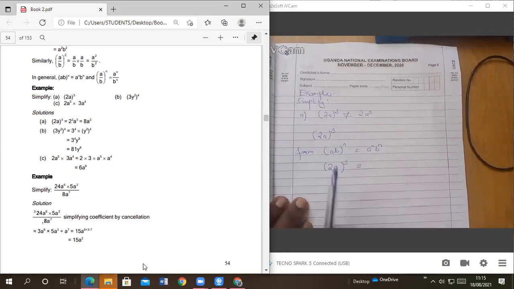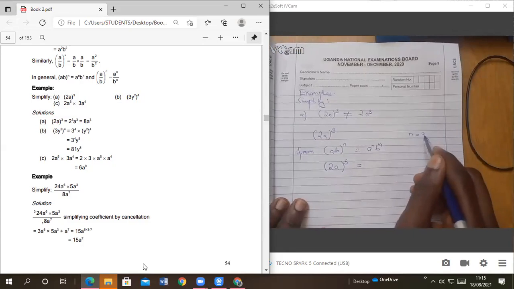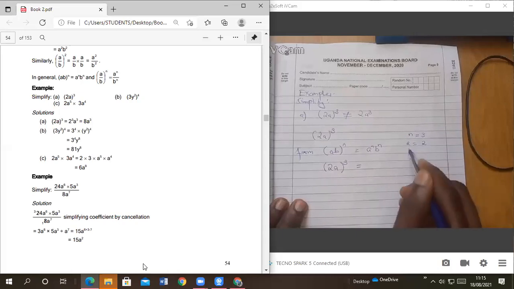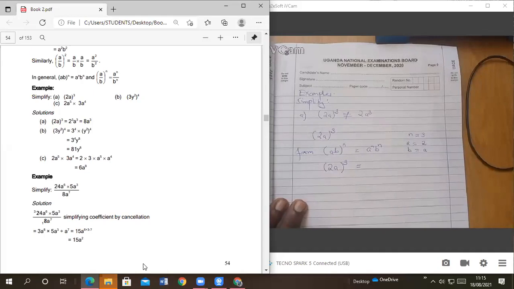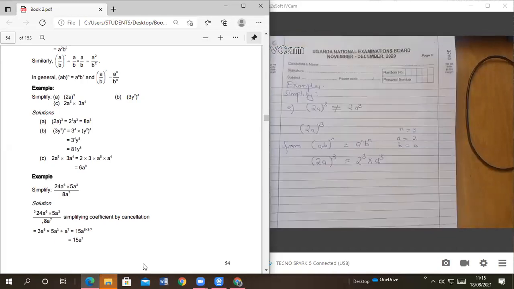What is our n? n is 3. Our a is 2, and our b is a. When we substitute, this becomes 2 to the power 3 times a to the power 3.